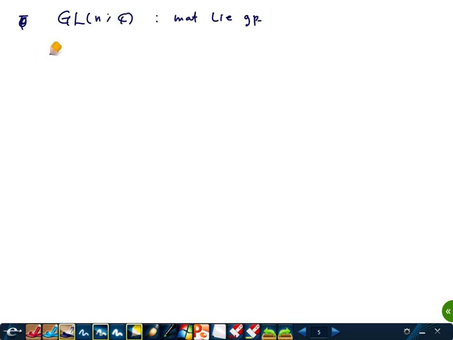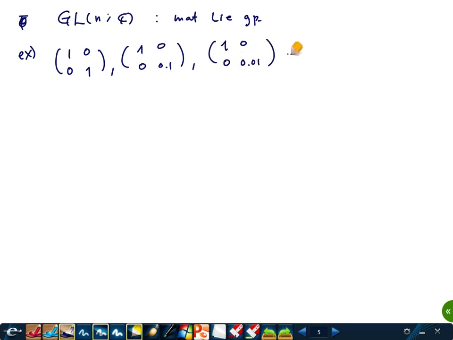Let's construct a very simple example: (1,0;0,1), (1,0;0,0.1), (1,0;0,0.01), etc. This obviously approaches a matrix with a zero entry.